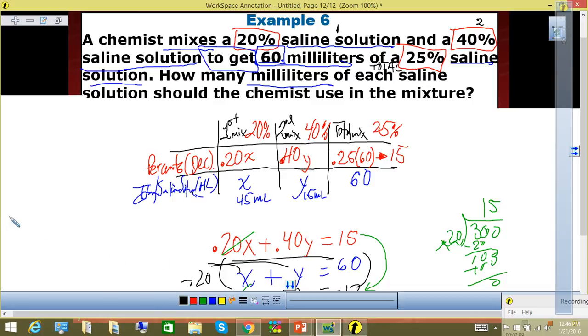Here we go. The chemist mixed. Okay, help me out. What do I write? Because it says how many milliliters of each saline solution should the chemist use in this mixture. So what's next? The chemist mixed 45 milliliters.